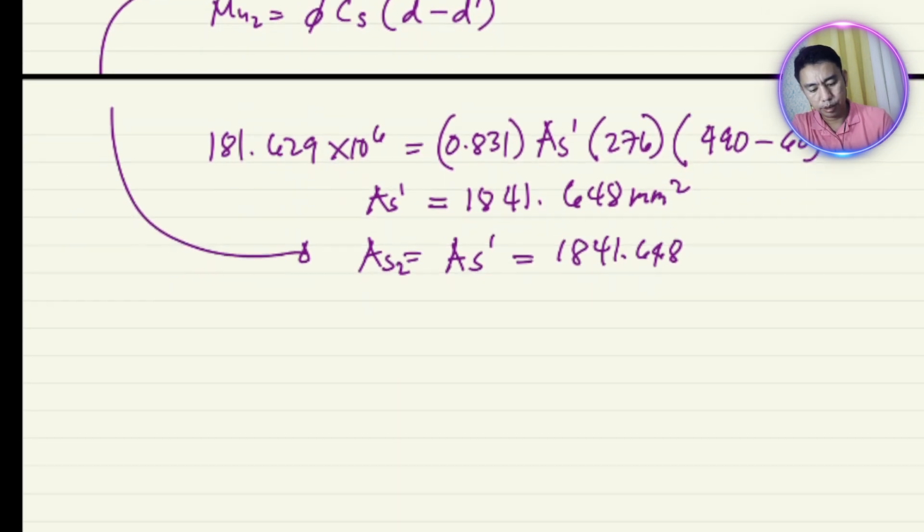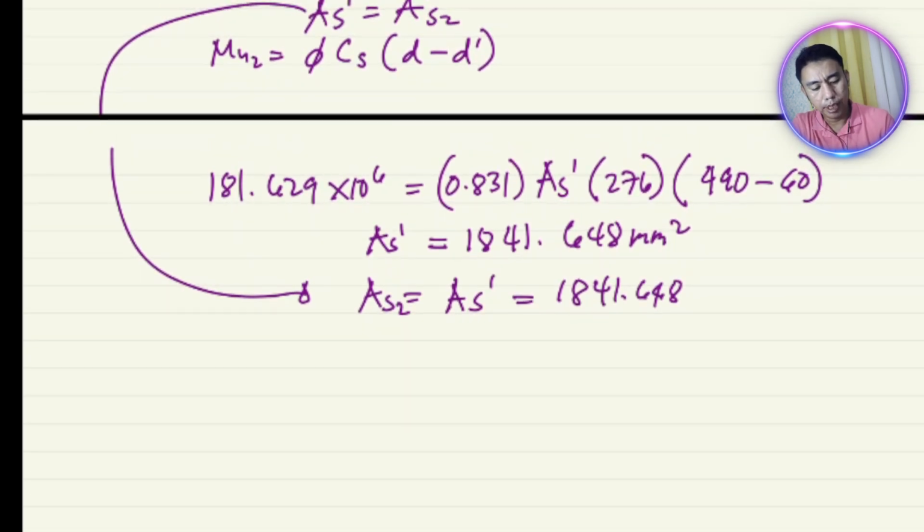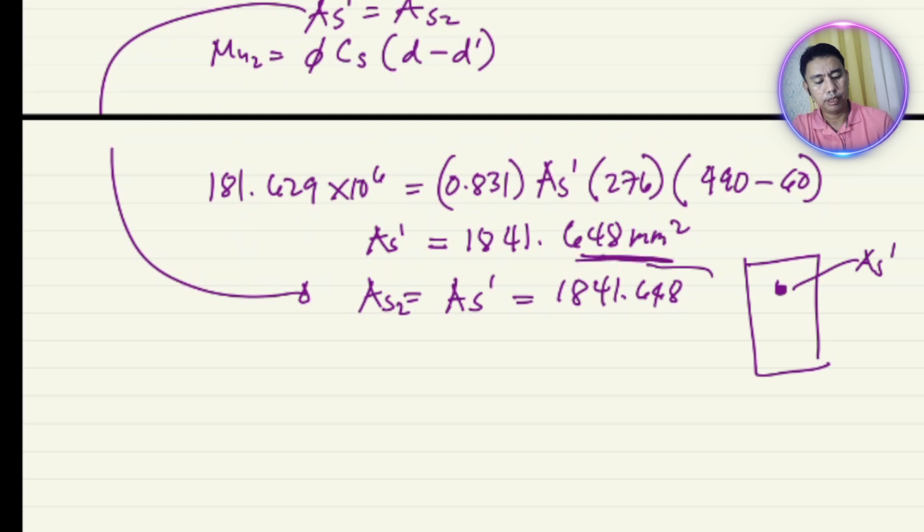Okay? So, meaning, ang section ng beam natin sa taas, ito yung As prime. Ito yung needed niya, 1841.648 mm squared.